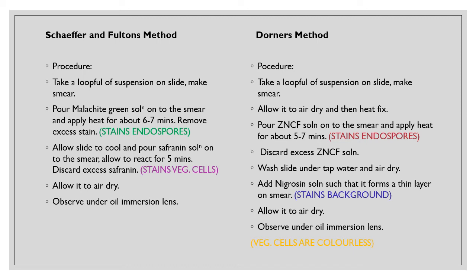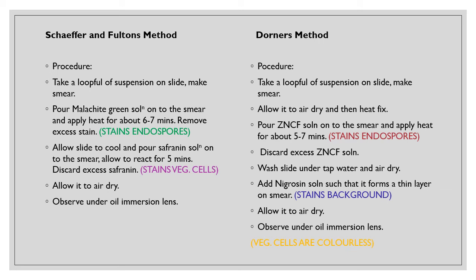Say if you use a 48 hours old starved bacterial culture for endospore staining, then you may find about 50% spores. But if your culture is about 4 to 5 days old, then you will find around 80% to 90% endospores under endospore staining.